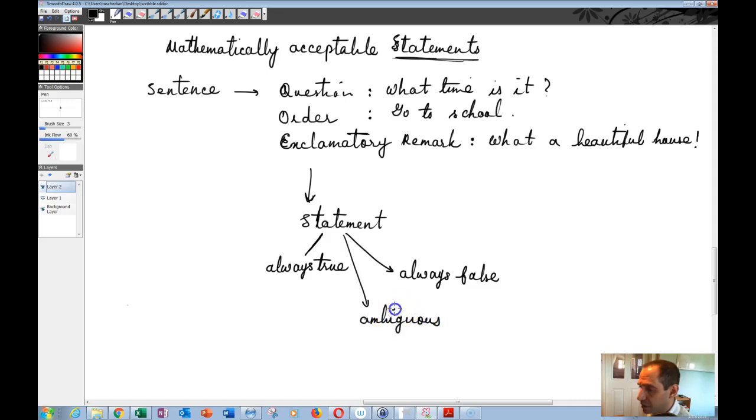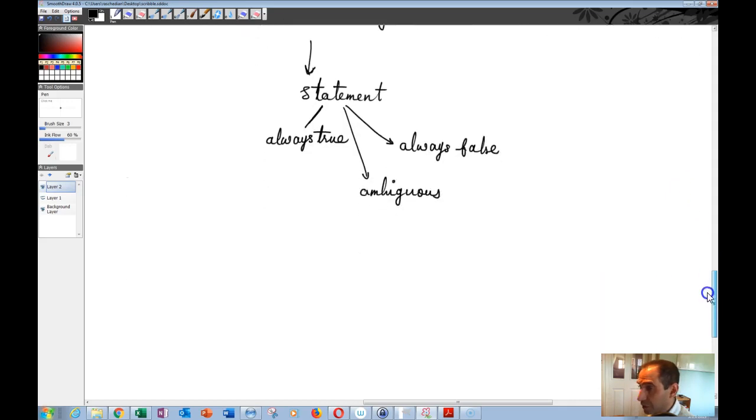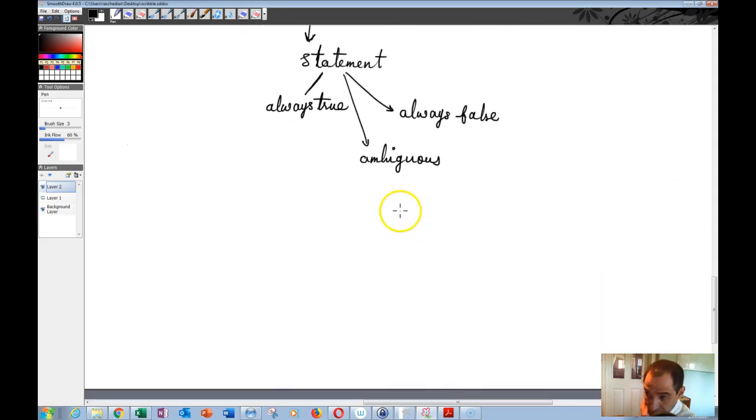We will talk about the part where it is always true or always false. But about a statement being ambiguous, usually in two ways a statement can be ambiguous.